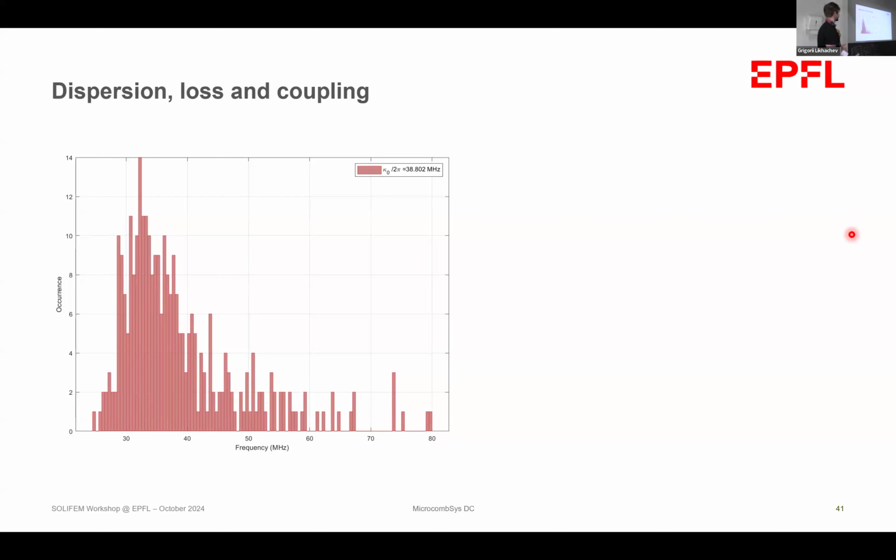But that's not how it works, because for some specific frequencies there might not be so many defects in the chip that affect this particular frequency. What we're interested in is statistics. If one plots the statistics, we can see that on average our losses are of this level.